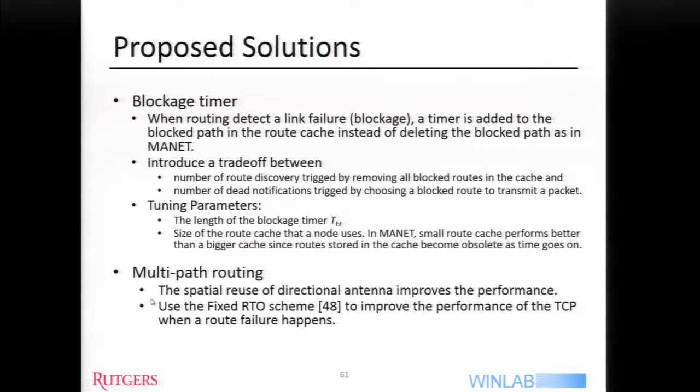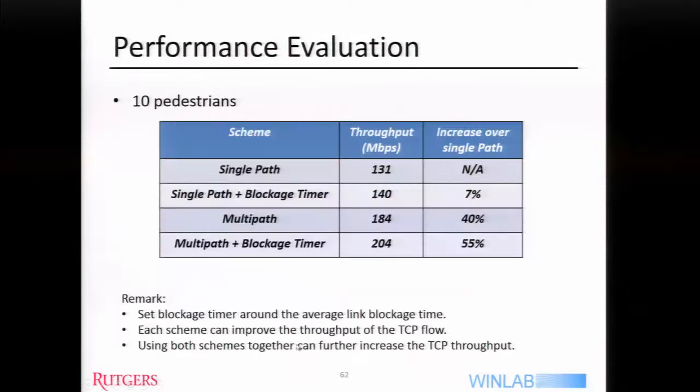And we also want to use multipath routing, because we know that multipath routing can utilize the high spatial reuse of the network, and we have proved that it works well in the static network. And we use the fixed retransmission timer scheme, like in traditional TCP over mobile ad hoc networks, to handle the route failure.